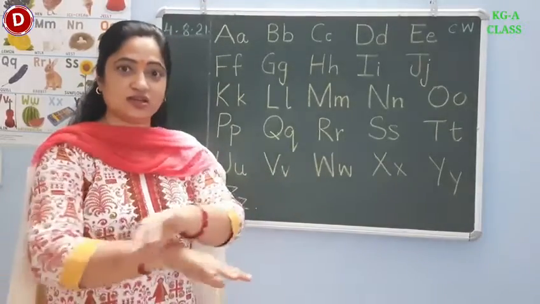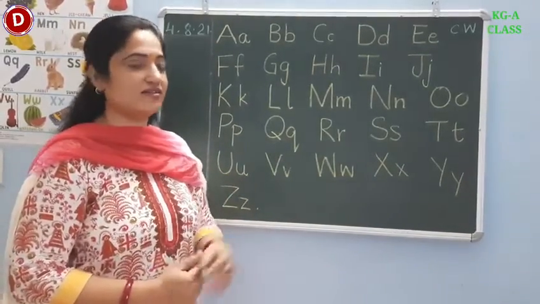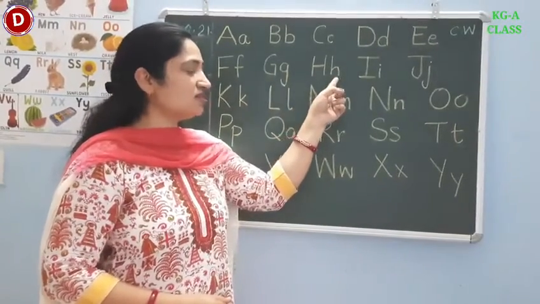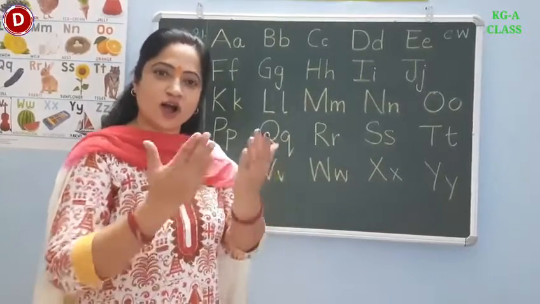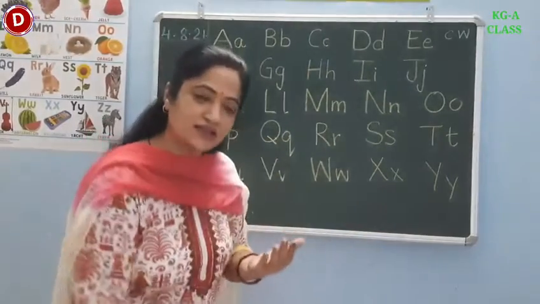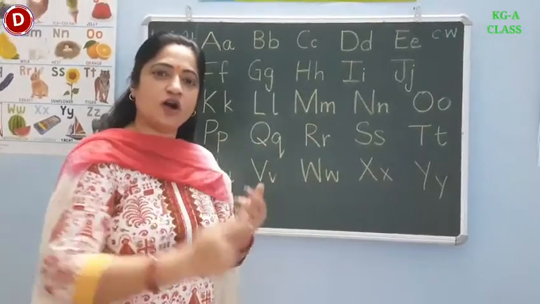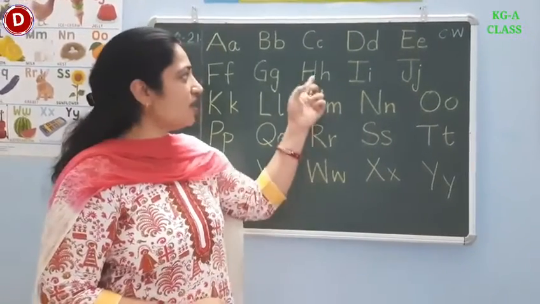The water gurgles down the drain. G says g. H. This is capital H and this is small h. It says h, hop. I like to hop up and down. I like to hop all around. So children, the sound of H is h.